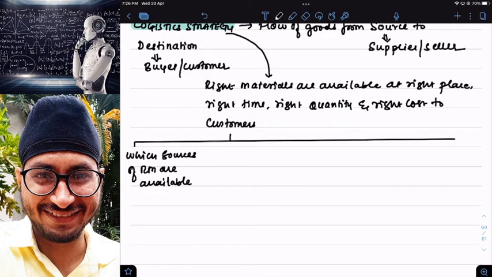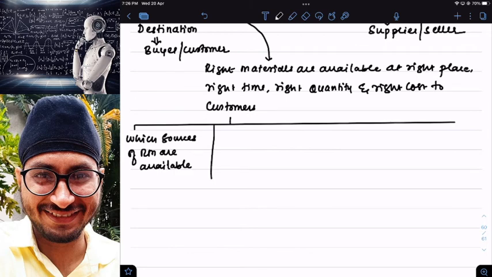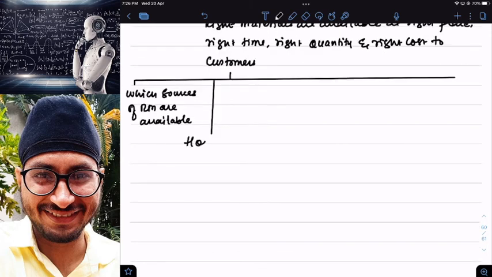Multiple sources. How many manufacturing locations are there? If I have multiple manufacturing locations, it takes time to transport the goods. The fewer manufacturing plants I have, the less time it will take.